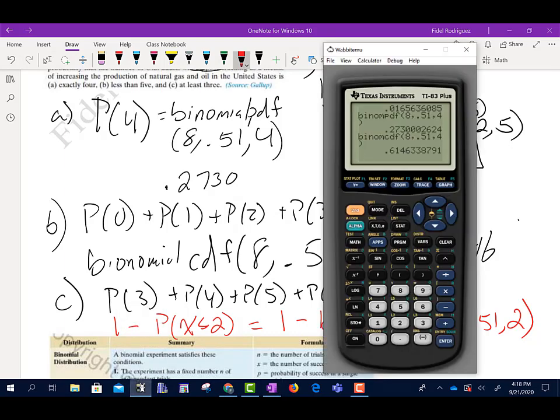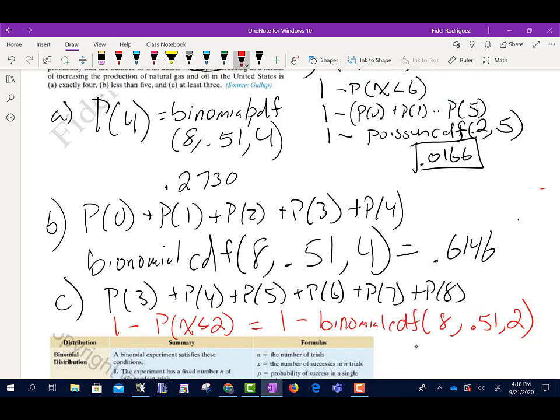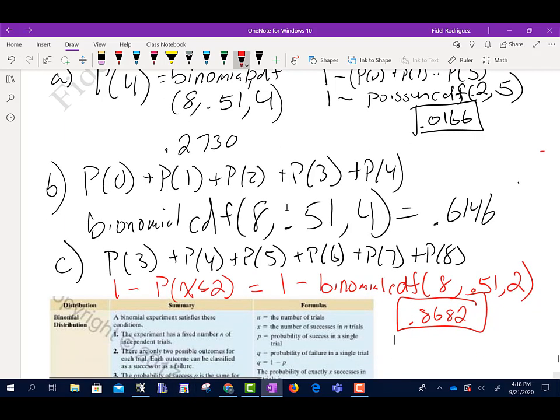So let's go second vars. We're going to go to binomial Cdf. Enter, and 8, comma, 0.51, comma, and 2, close parentheses, sorry. And then I'm going to do 1 minus that. 1 minus my answer. And I'm coming up with 0.8682. Okay. And that right there, guys, was the end of 4.3.